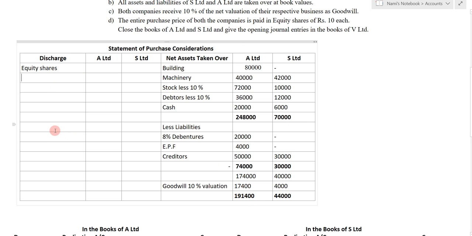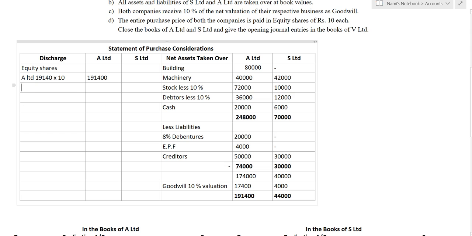So here, the number of A Limited shares is 19,140 into 10, that is 1,91,400.